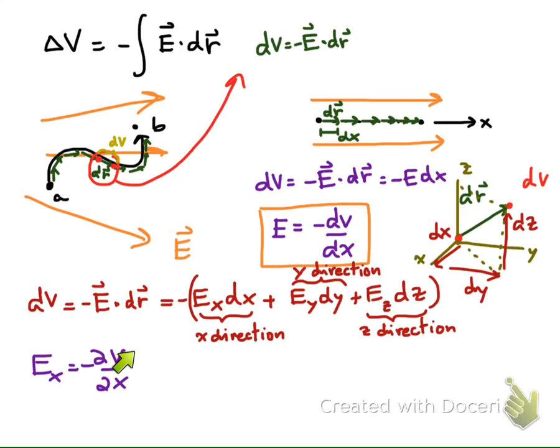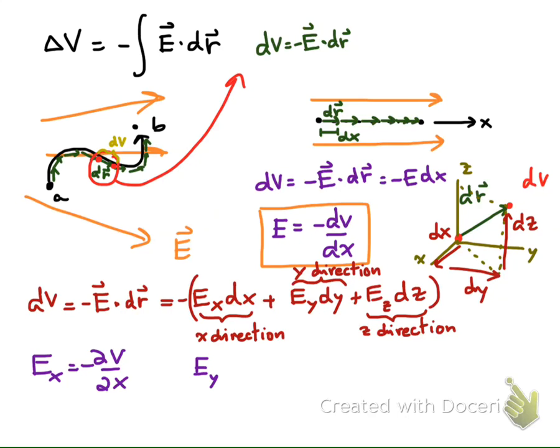The partial dV here means the part of the change of the electric potential due to the change of the position in x direction. So in this calculation, y and z are taken as constants. You can see that if we move from this point to this point, y and z are constant. So this is a partial derivative with respect to x.